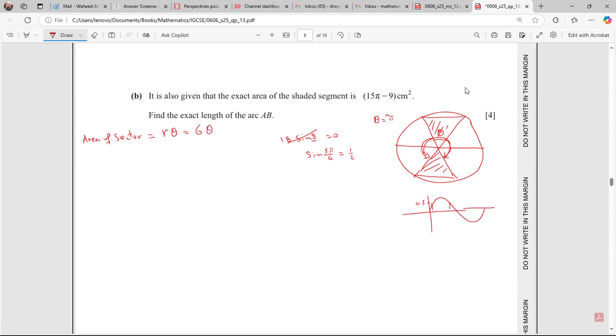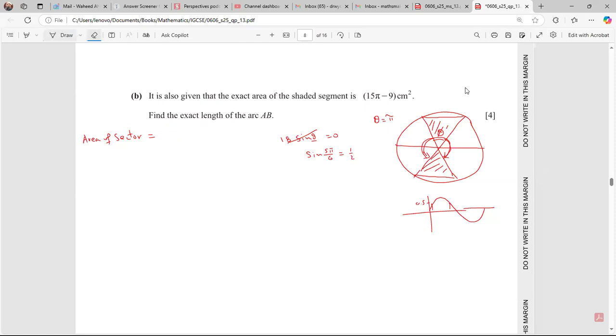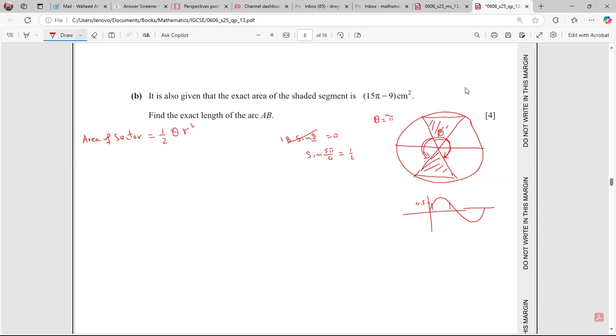Sorry, this is the arc length, I'm sorry. The area of the sector is half theta into r square. In this particular case, r square is 36, so 36 by 2 is 18 theta. This is the area of the sector.